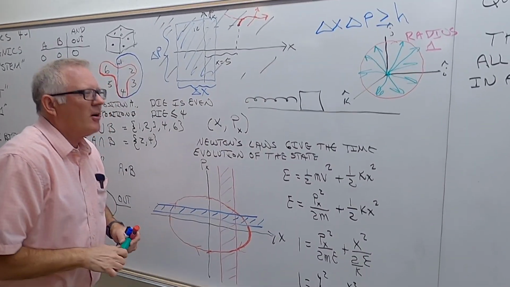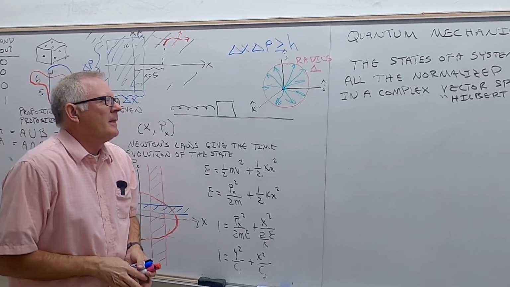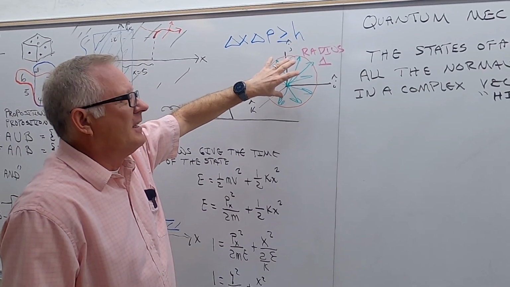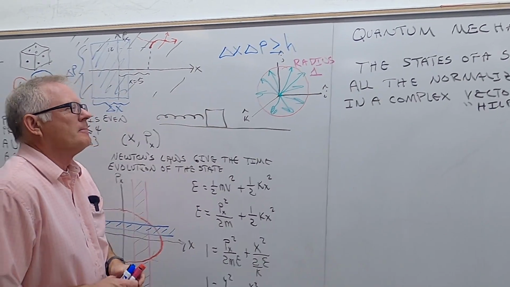Those would be all the normalized vectors in this real 3D space.